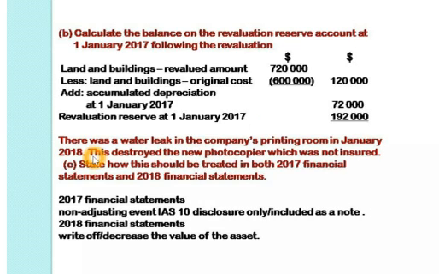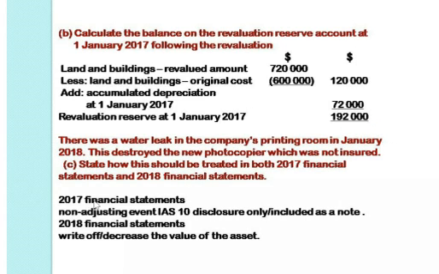And the next further information is given. There was a water leak in the company's printing room in January 2018. This destroyed the new photocopier, which was not insured. Part C states how this should be treated in both 2017 as well as 2018 financial statements. As for 2017, the year was already completed because this happened in January of 2018.